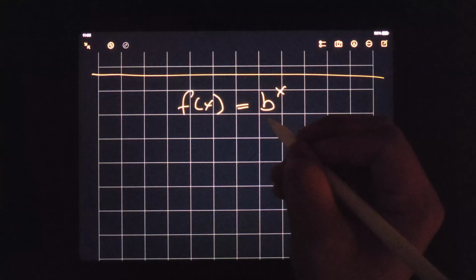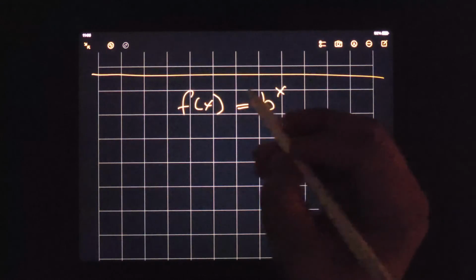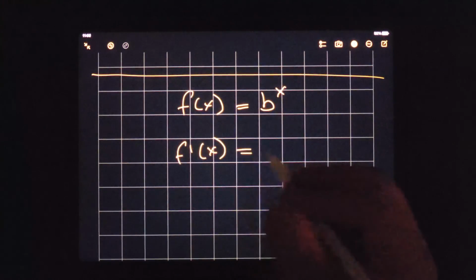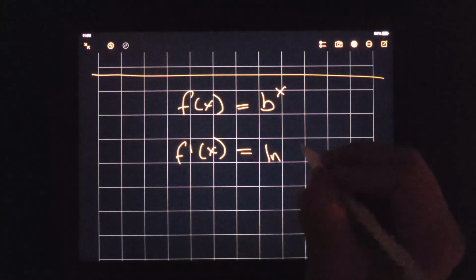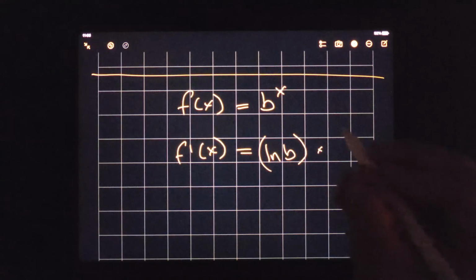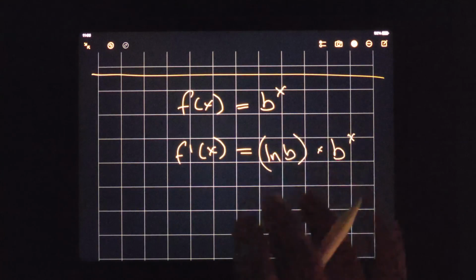If you have an exponent like this, then your derivative is going to be the ln of b times b to the power of x.